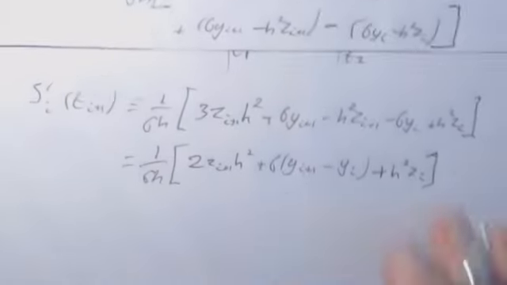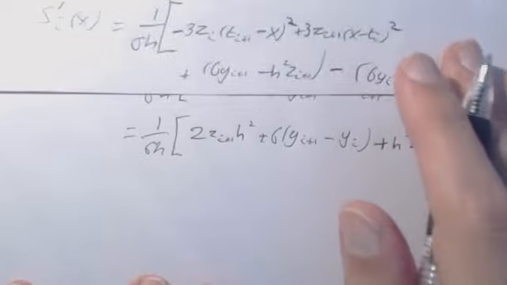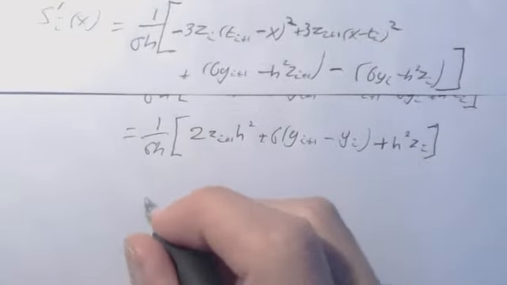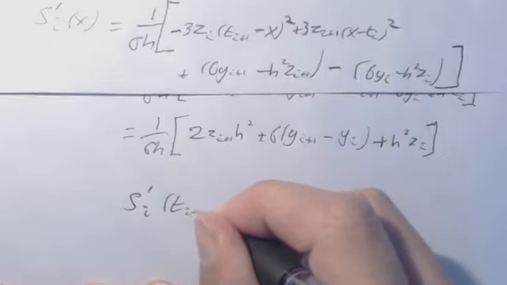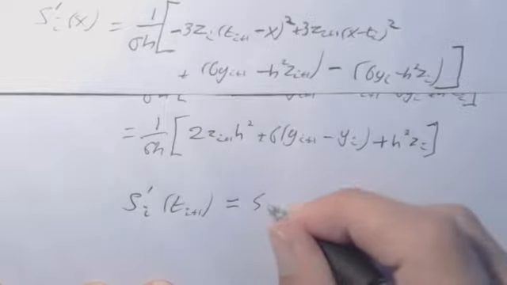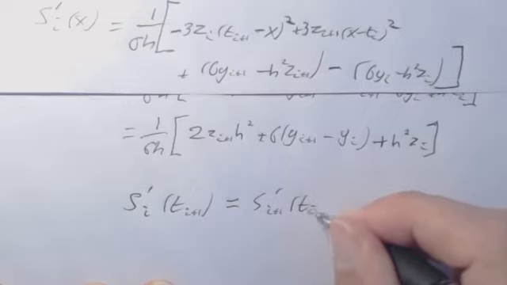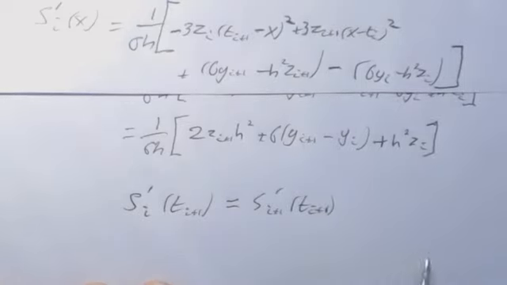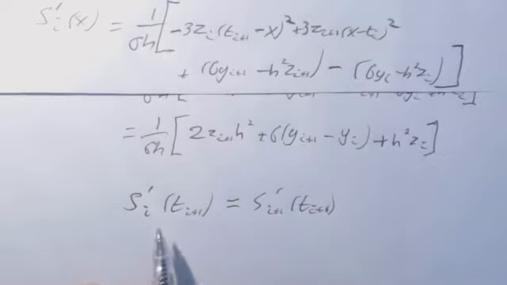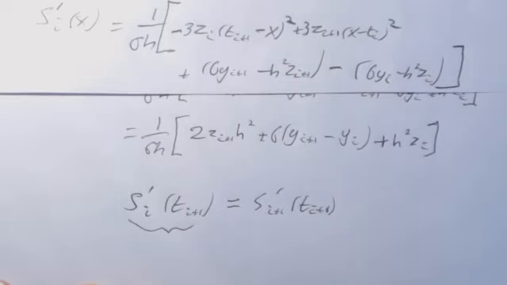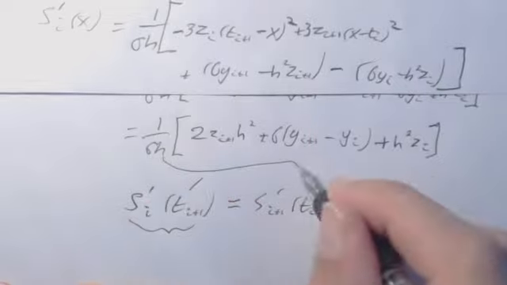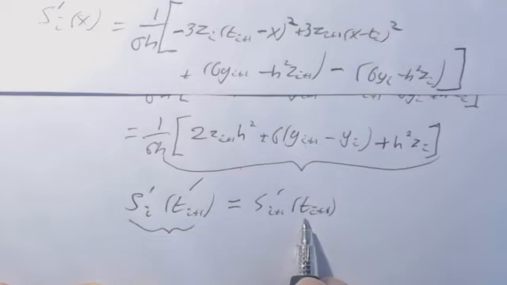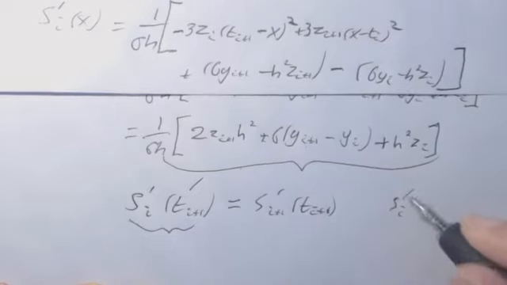So the goal is to have, for all i, si prime ti plus 1 equal to si plus 1 prime ti plus 1. So we've just calculated this term. It was this. So this term is equal to this. And this term, well, we just calculated si prime ti, which was back here.